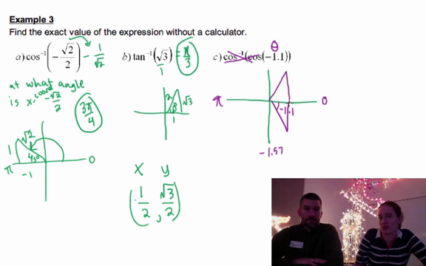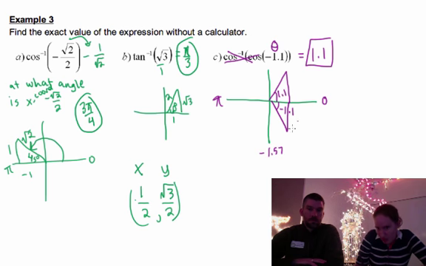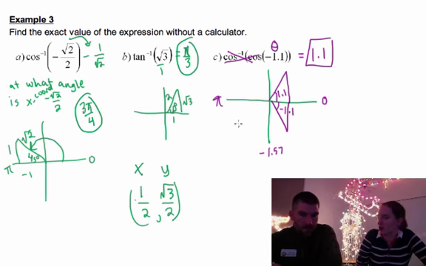Okay, so we've got to relate it to this triangle. Well, what is this angle going to be? It's going to be positive 1.1. So these can be pretty tricky. You have to really think through and say, okay, this triangle, are we going to have a positive or a negative cosine? We're going to have a positive, so that puts it in this quadrant. So if we had an angle over here where we'd have a negative cosine, we'd have to flip it up and it'd be up here.